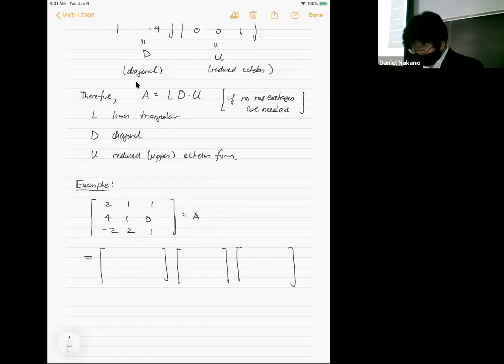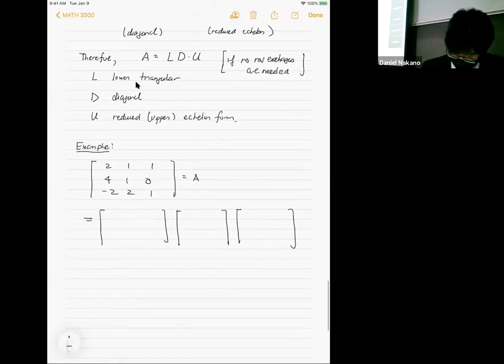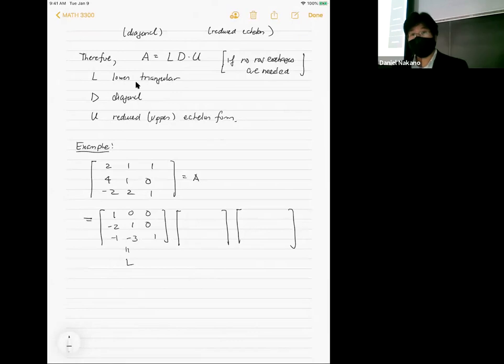Okay. So remember, L was the product of the inverses of the lower triangular matrices, the elementary matrices. So I have 1, 1, 1, and then you have the negatives of the multipliers. So minus 2, minus 1, minus 3. Okay, so this is our L. And then the D we obtain by taking the pivots and putting them along the diagonal.